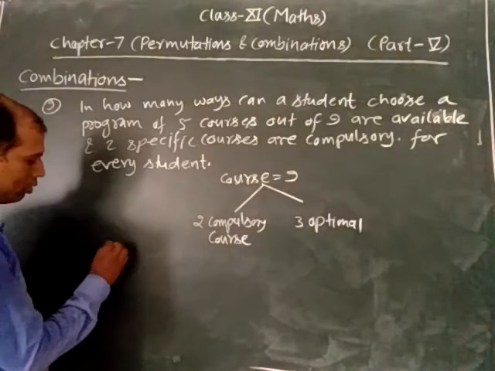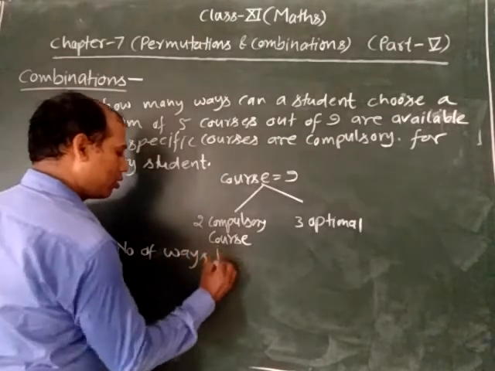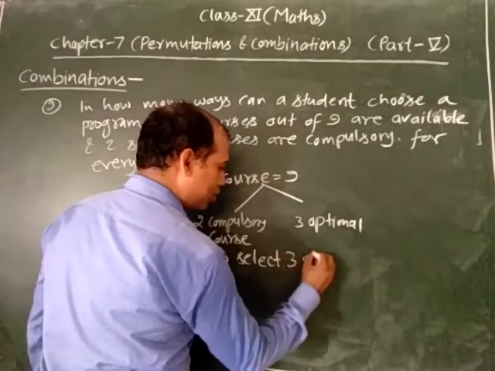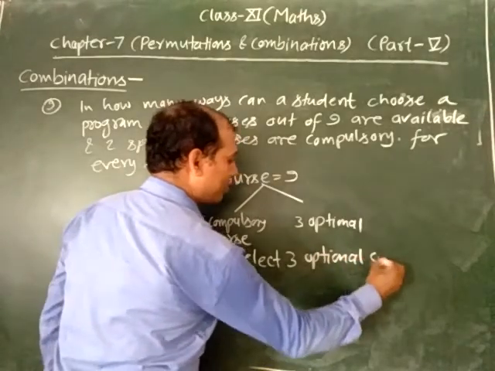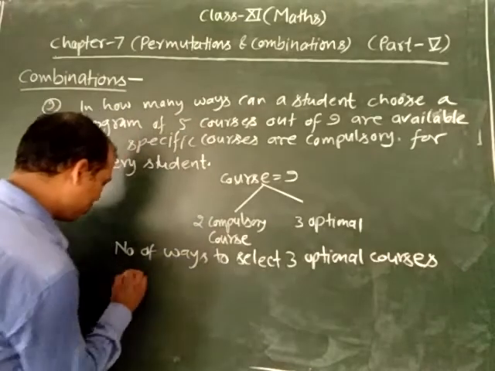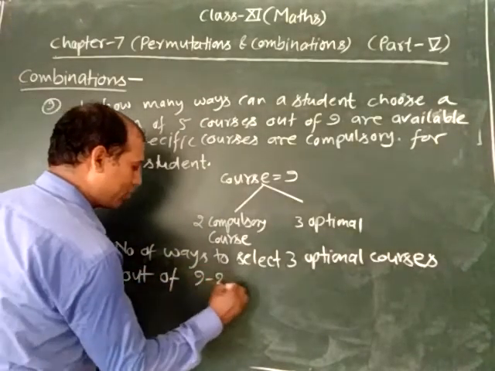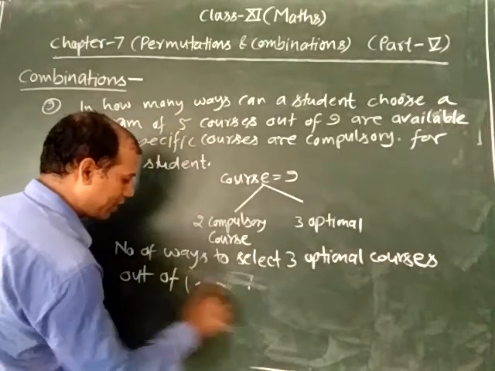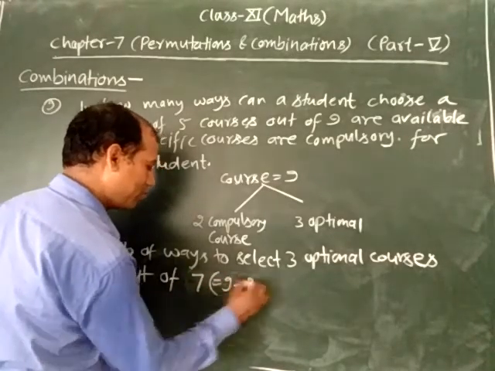Now, the number of ways to select 3 optional courses out of 9 minus 2 equal to 7.